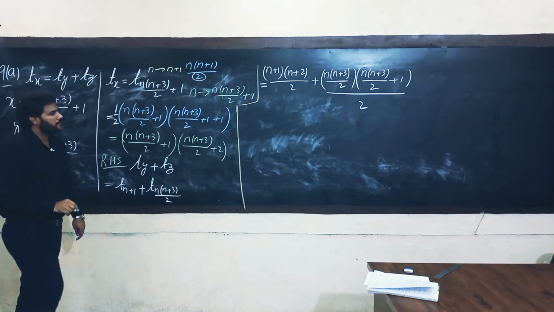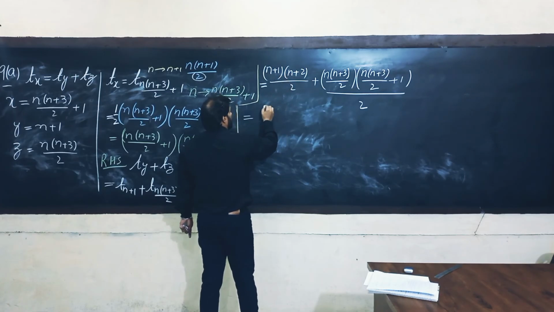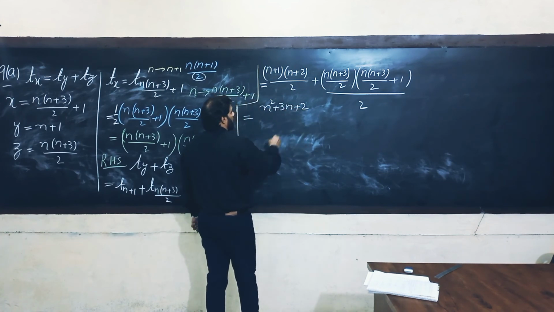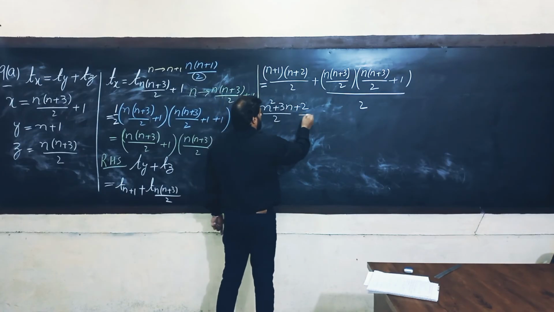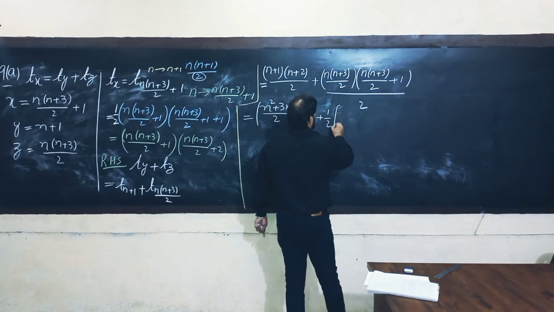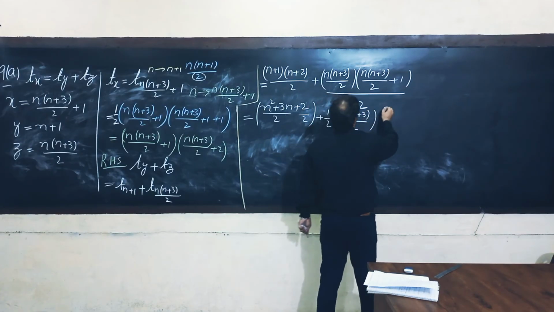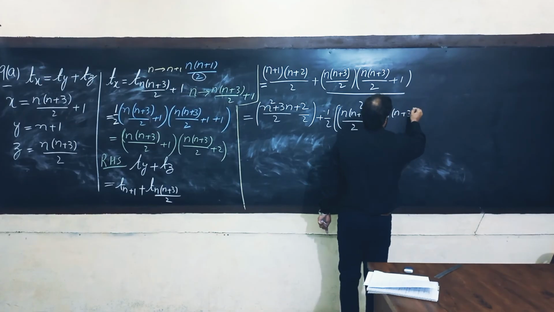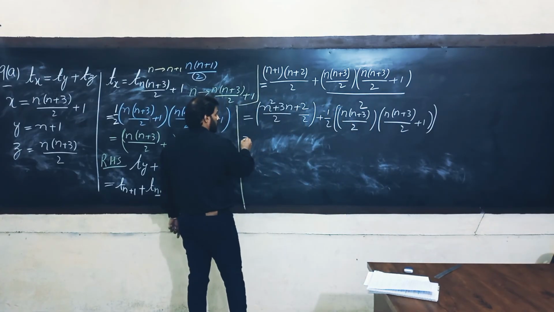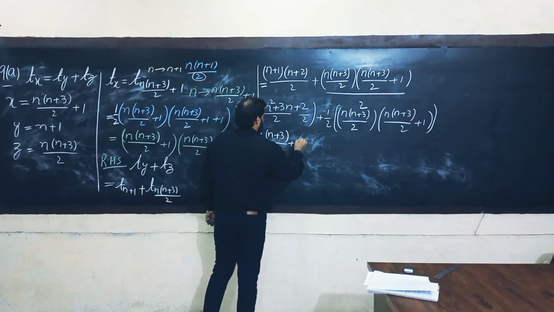After multiplying these two factors, we have n square plus 3n plus 2, and after separating 2, we have plus 1 by 2 into n into n plus 3 over 2, n into n plus 3 over 2 plus 1. This is n into n plus 3 over 2 plus 1.